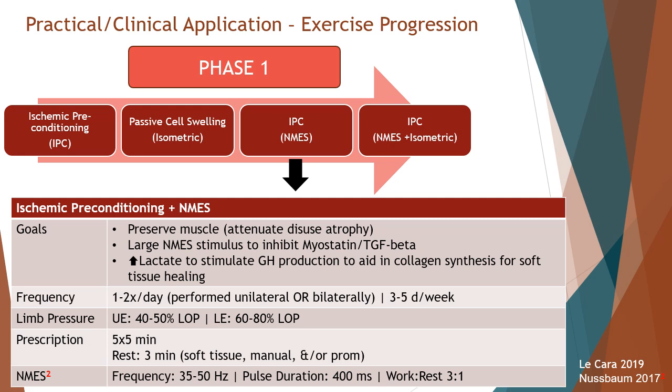Again, it shows the limb pressures comparable to that of when the individual is active, but this has also been described with the IPC protocol of 100% or 80 to 100% LOP, regardless of upper or lower extremity. Your frequency for your NMES is shown there in order to help induce the muscle adaptations that are specific to the goals listed.